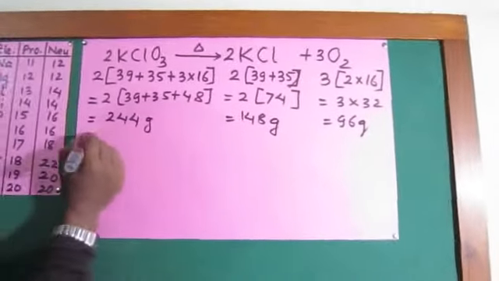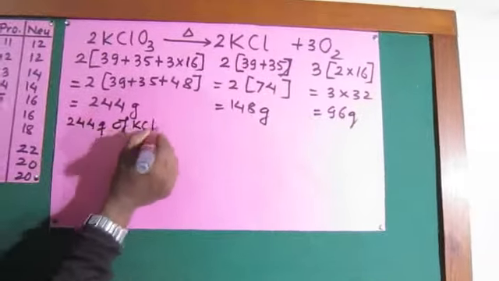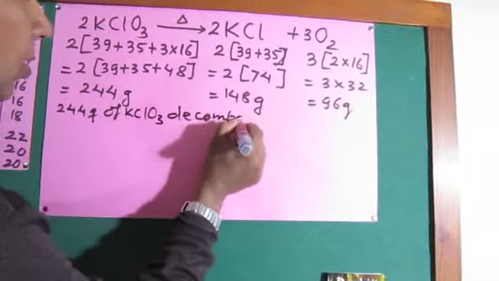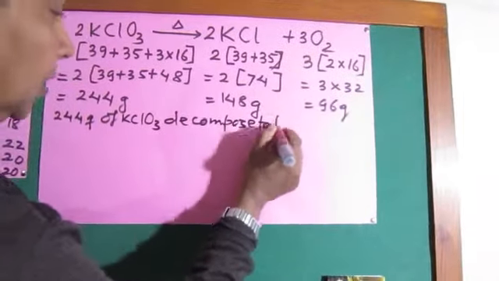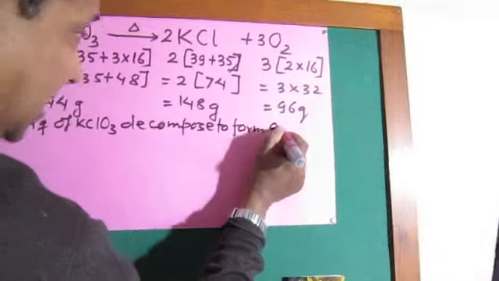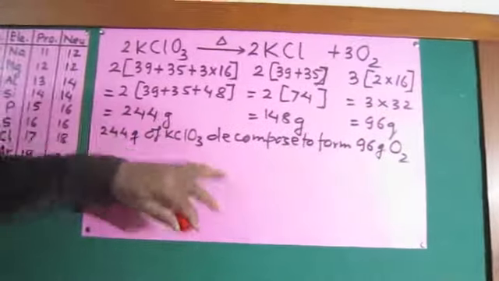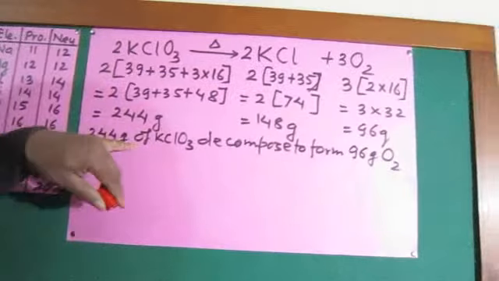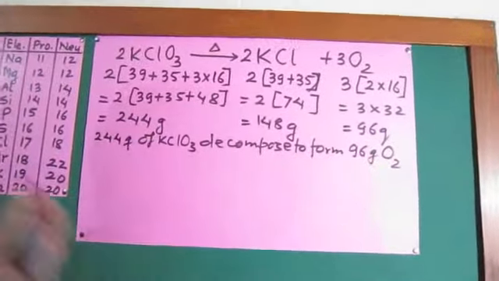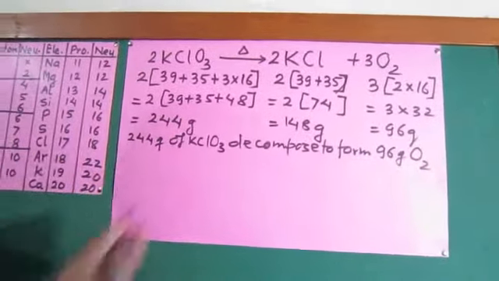We can write this: 244 grams of KClO3 decomposed to form 96 gram oxygen. If the question says how many grams of oxygen gas produces when 15 gram of potassium chlorate is heated, then we can calculate easily.